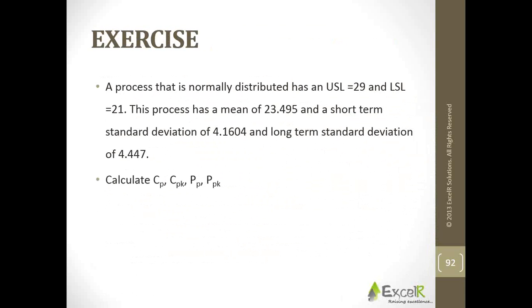Either use sigma level calculator or use manual calculations, but calculate and tell me what is CP, CPK and PP, PPK. 1 minute, okay?